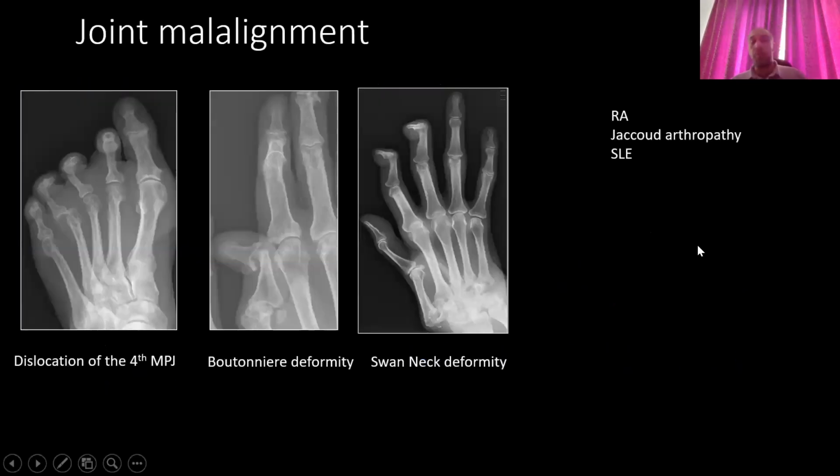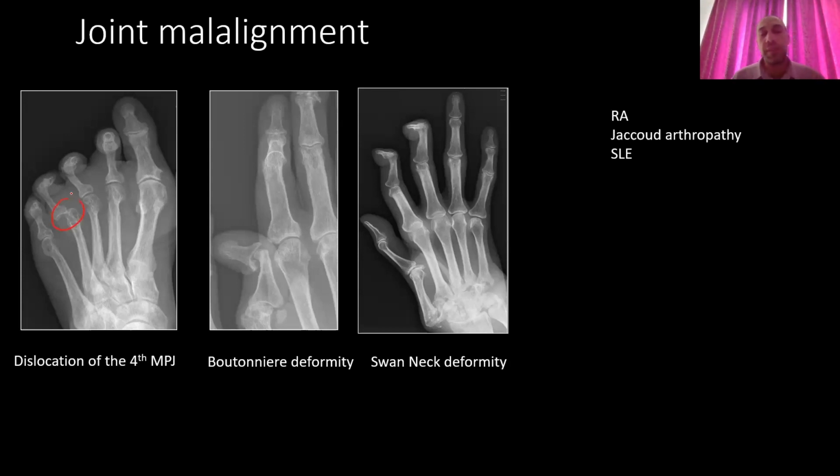Here are the deformities which you can associate with some of the diseases. Swelling deformities: flexion, hyperextension of the proximal interphalangeal joint and flexion of the distal interphalangeal joint is boutonniere deformity. Flexion of the proximal, hyperextension of the distal interphalangeal joint, or dislocation, like here, is loss of the articulation between the articular surfaces.